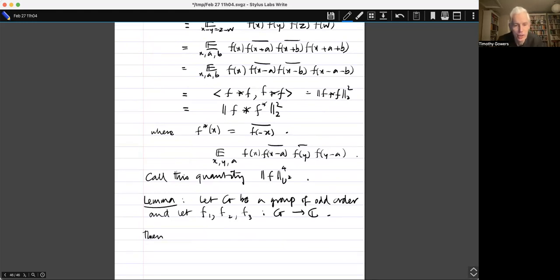Oh, I haven't really said what I'm trying to do, so I'll state the lemma since I've started, but there was a remark I wanted to make first, but I'll make that just after I've stated it. So here's an expression that I think you can see is highly relevant to arithmetic progressions of length 3.